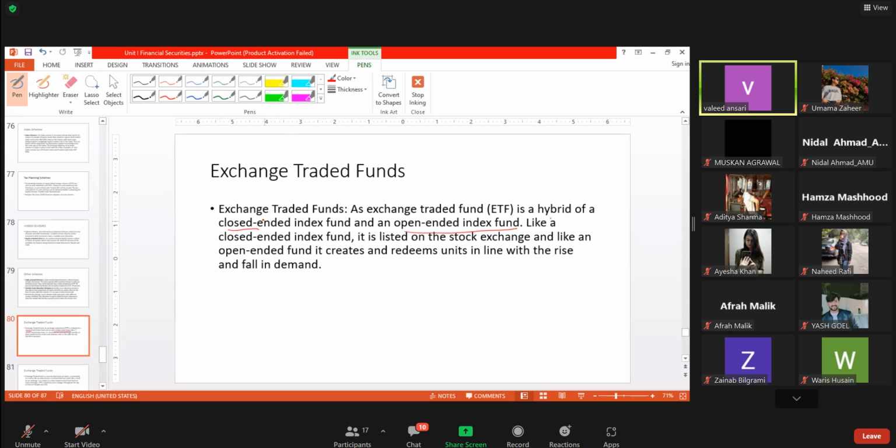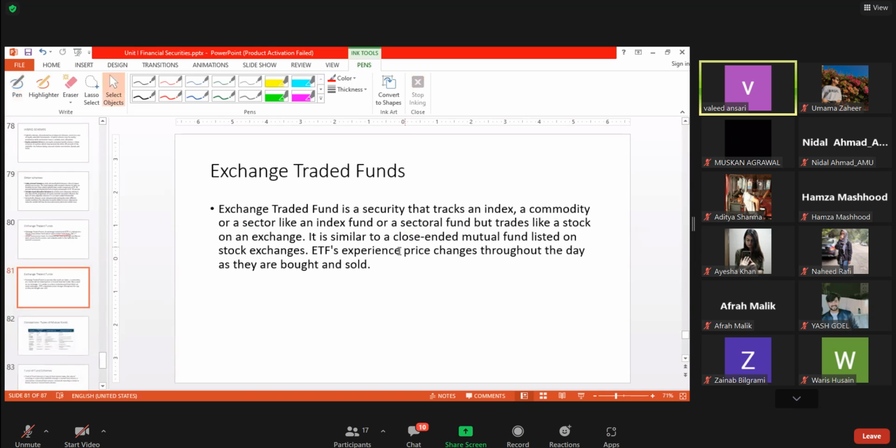In closed-ended, once the subscription period is over, the mutual fund will not offer further units and will not buy them back. You can dispose of them. So it is a mix, where these are traded like any other shares in the market, and they are redeemed by the issuing authorities.